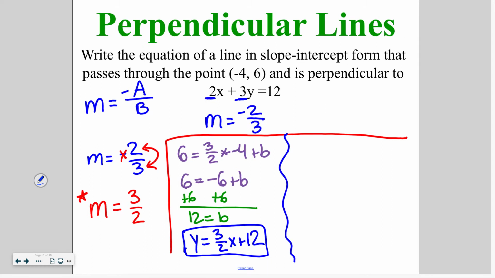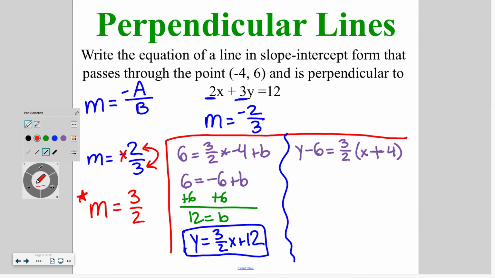Our other option is to start with point-slope form. So y minus 6 is equal to 3/2 times x minus -4, which turns into x plus 4. Again, your first step here is going to be to use the distributive property to get rid of the parentheses.